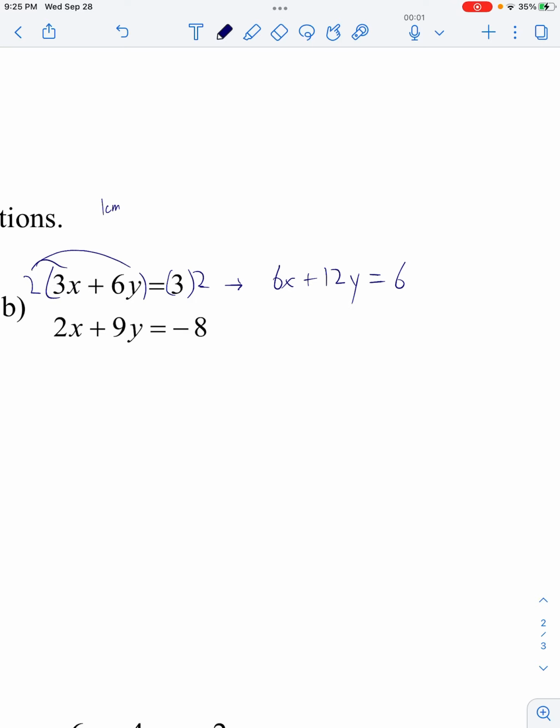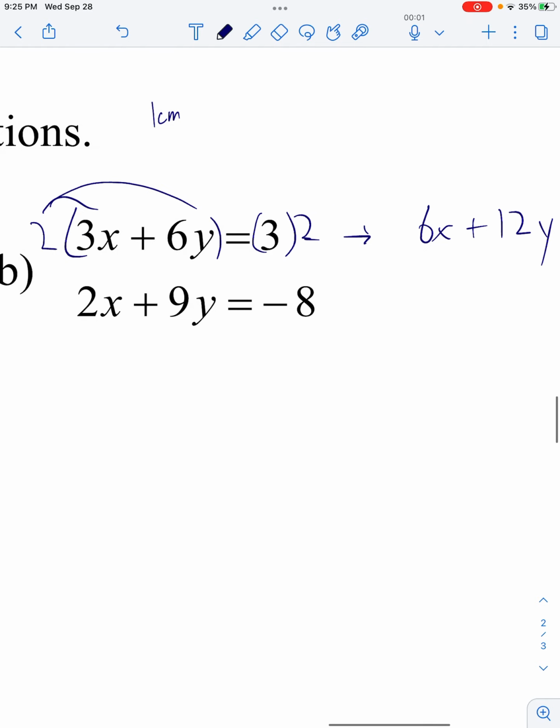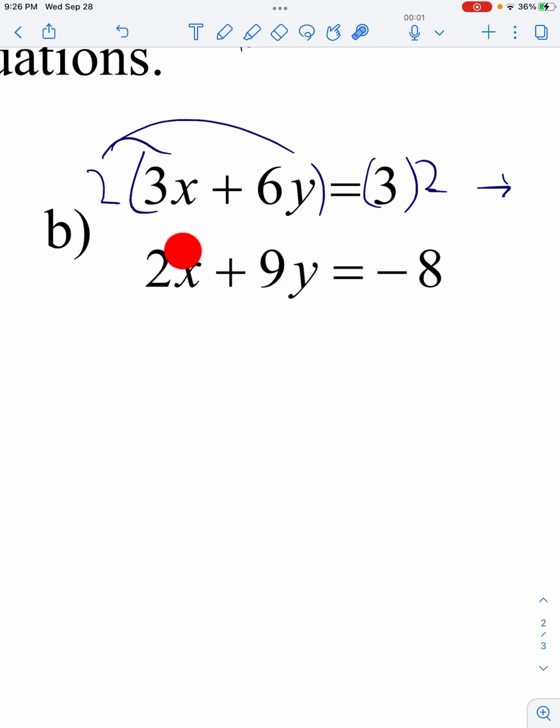Down here, I'm going to add 6x to the bottom equation, so my bottom coefficient for x has to be negative 6. What do I multiply 2 by to get negative 6? I multiply it by negative 3. So multiply the left side by negative 3, and multiply the right side by negative 3.